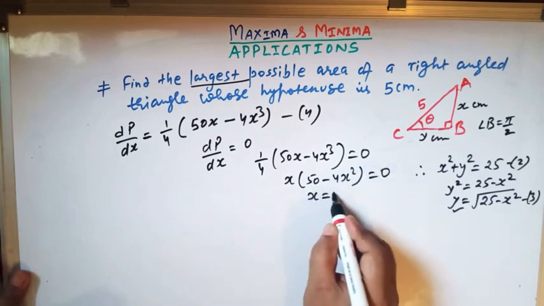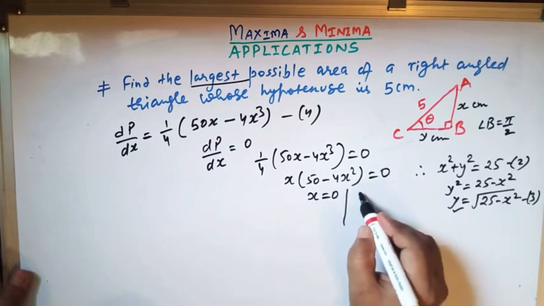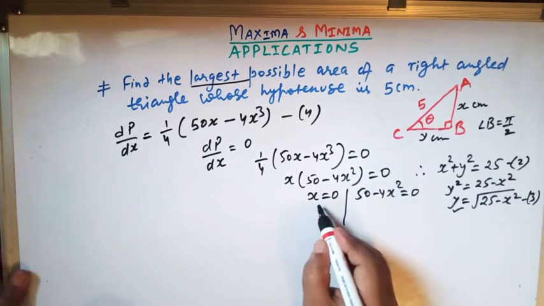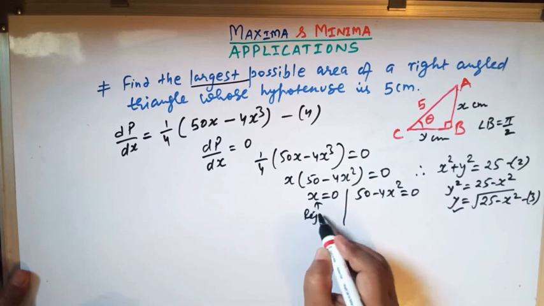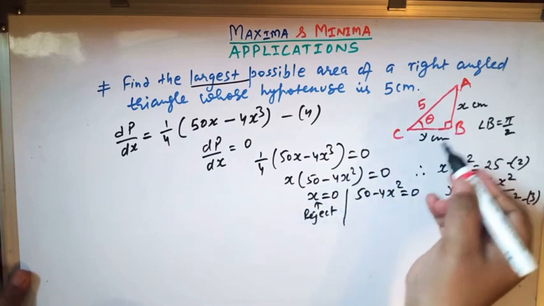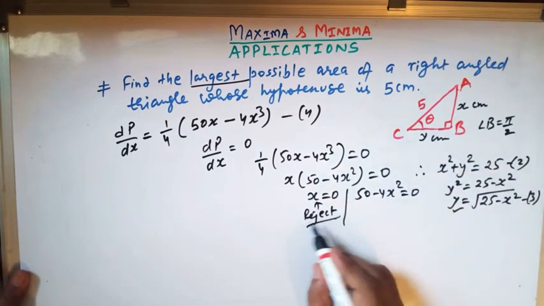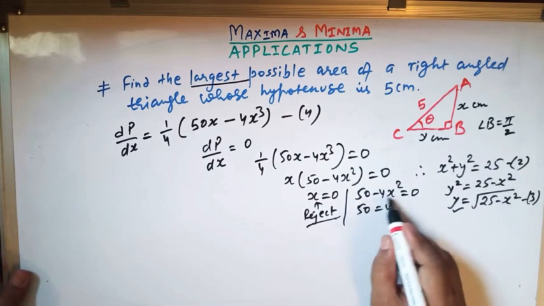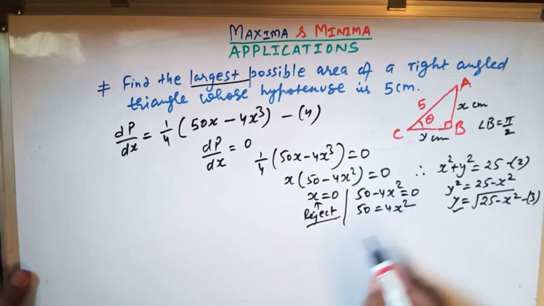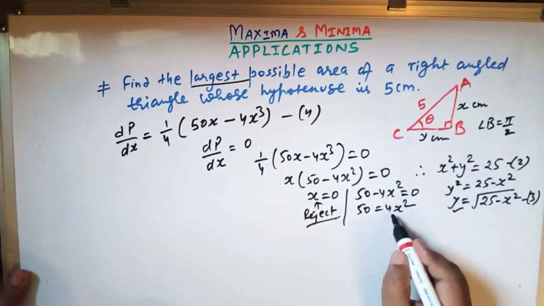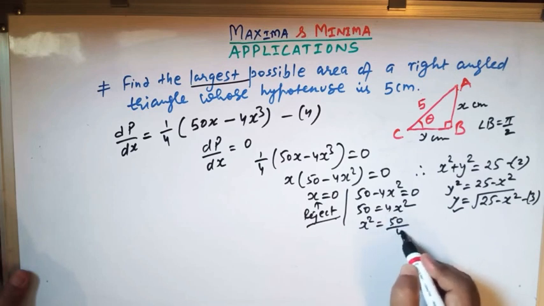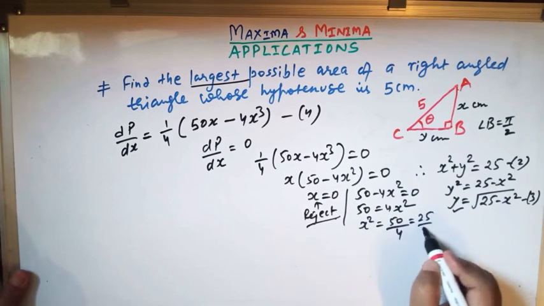So we get x equal to 0 and 50 minus 4x square equal to 0. We reject x equal to 0 because it is not possible here. So we have 50 minus 4x square equal to 0, which gives 50 equal to 4x square, and x square is 50 over 4, which is 25 by 2.